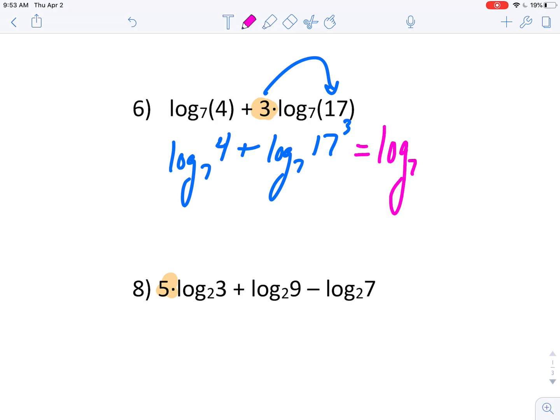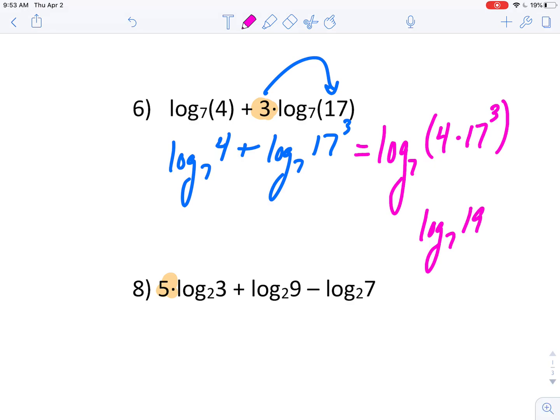Log base 7 of, and what operation is going to go with addition? What's going to go with addition? Well, I'm going to take log base 7 of 4, and addition goes with multiplication. So 4 times 17 to the 3rd. And if you wanted to simplify that, you could.